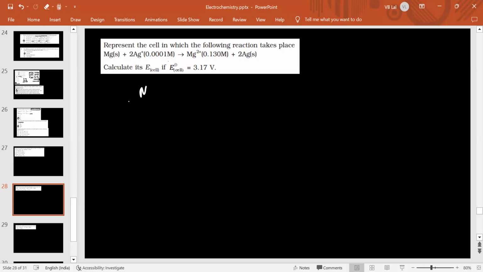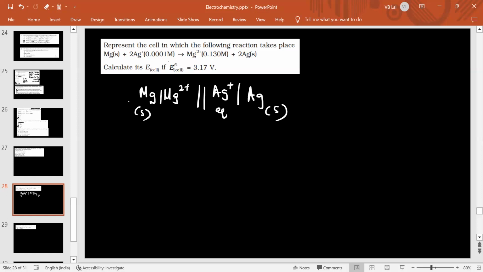So we will write Mg giving Mg2 plus plus 2 Ag, right? This is solid, this is solid, this is aqueous and this is aqueous.